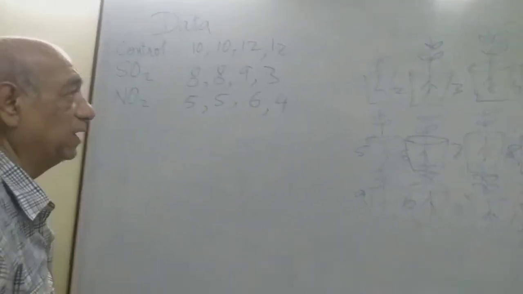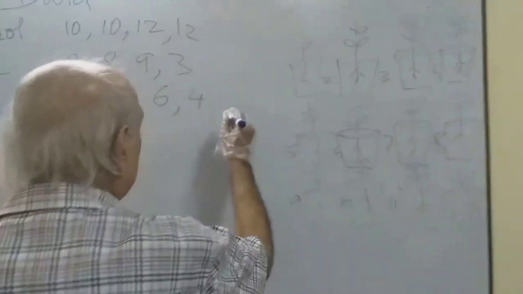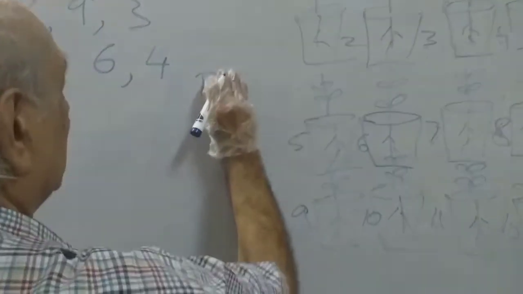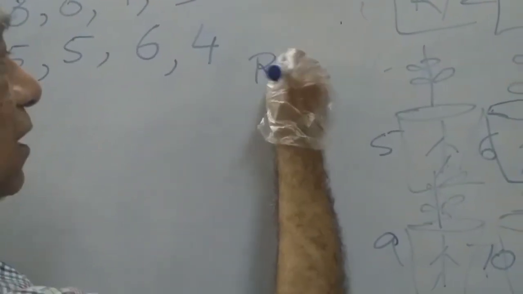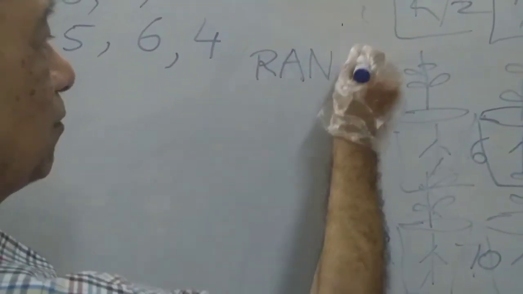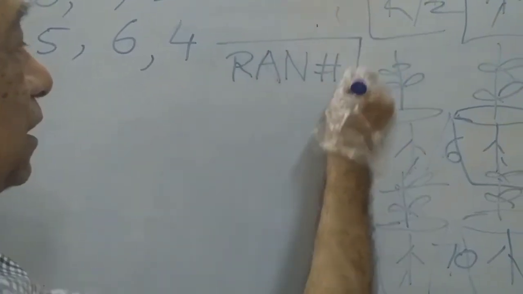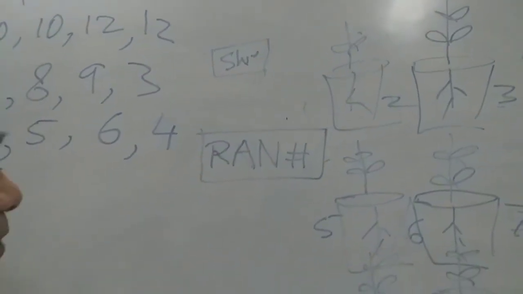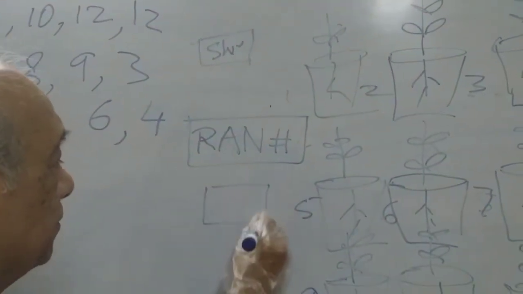The treatments will be assigned using random numbers. Random numbers can be generated from the calculator. There is a RAN number function in the calculator. First you press shift, then RAN number, and then equal to.